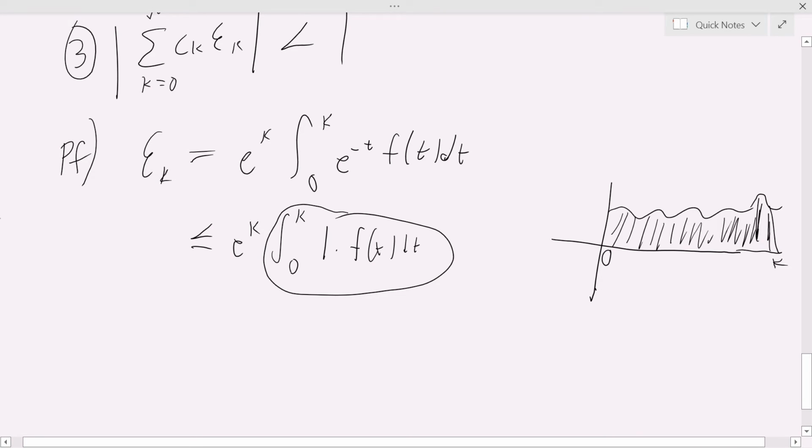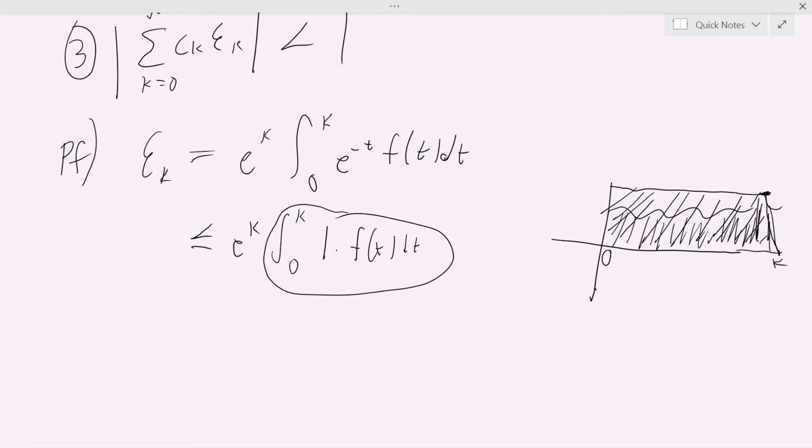Now, the easy upper bound you can establish is you just take the maximum, or really the supremum, of that function over that interval, and then you take the rectangle that generates. It has width of the interval, but height of the maximum value of the function. And that gives you a rectangle whose area is necessarily at least the area under the curve. So you can see that geometrically very easily.